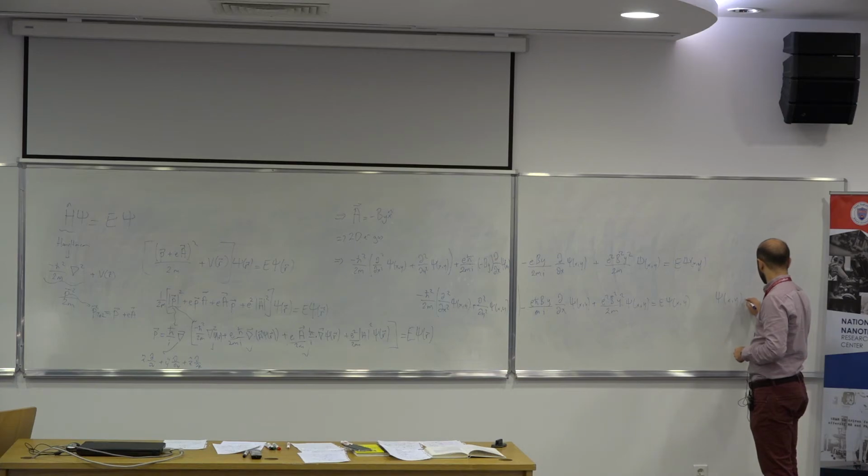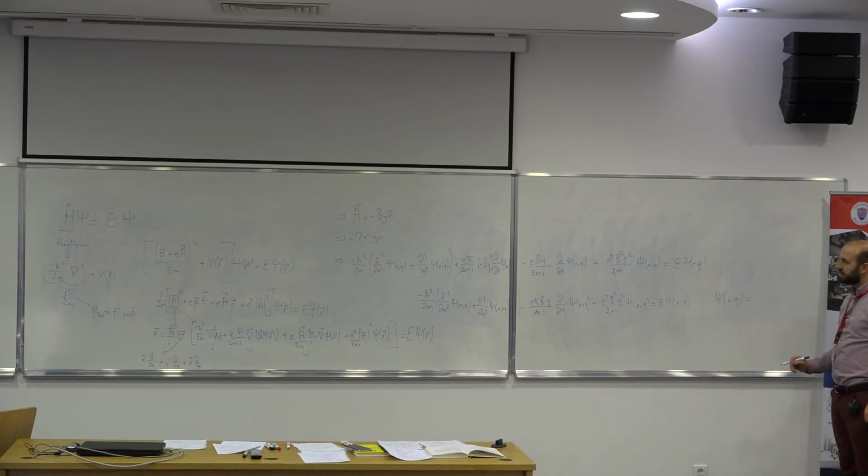Now, if you look at the equation, the potential acting on my wave function is along the y direction. Okay? So I can safely say that my particle, my 2D electron gas, is free in the x direction.